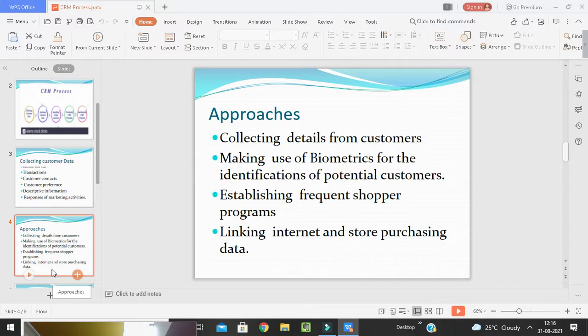Now, establishing frequent shopper programs. So what is happening here? Frequent shopper programs are also called loyalty programs, which are conducted for identifying and providing rewards to those customers who spread good word of mouth about the retailers.